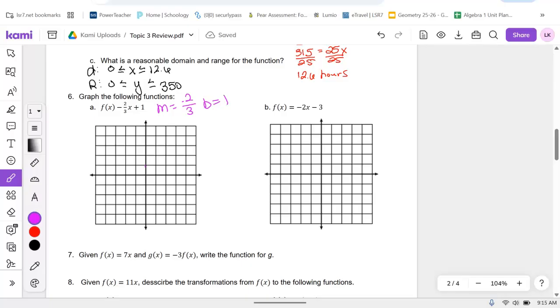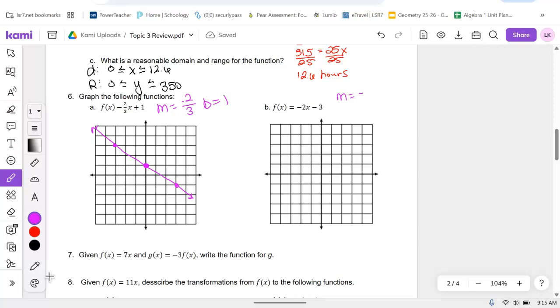So that means I'm going to go to the 1 on the y-axis, go down 2 and to the right 3, go back to my starting point, go up 2 and to the left 3 because it's negative, and then you connect your dots.